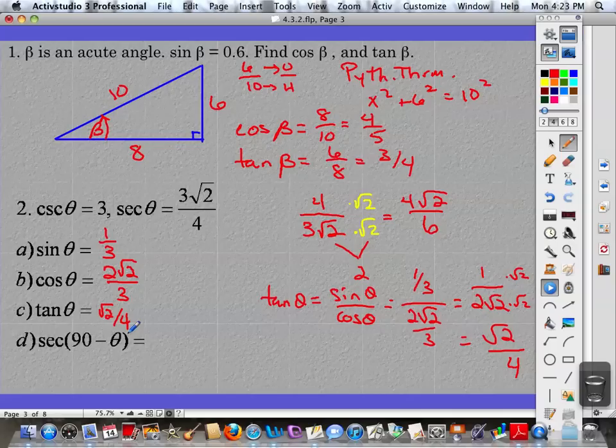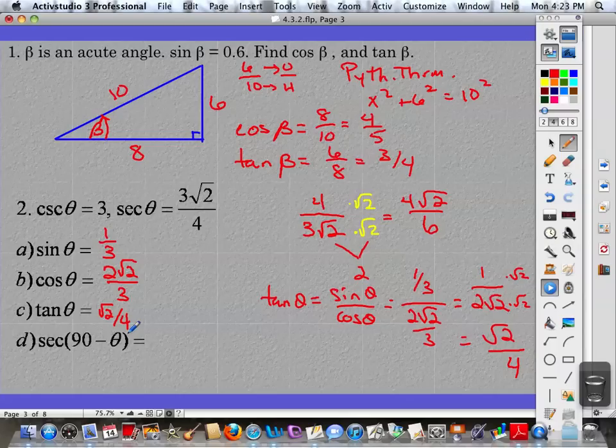And notice again, we still don't know what theta is, but we know that all these relationships are referring back to the same angle. The secant of 90 minus theta, right? So there's another flash from the past from yesterday. Okay? We talked about complementary angles and their cofunctions.